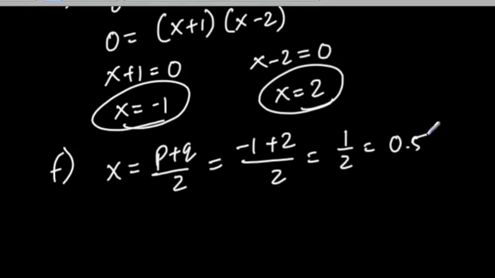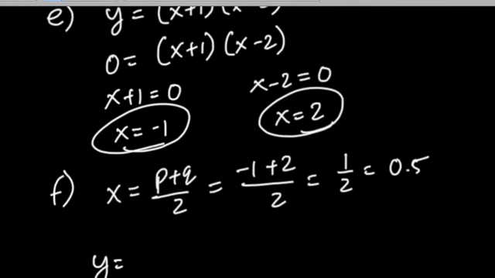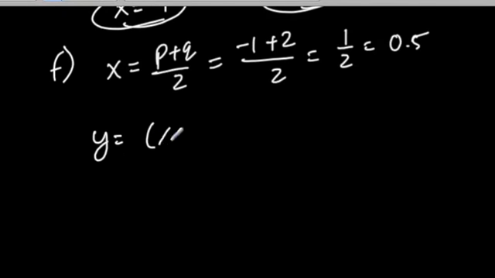Now, if we want to find the y-coordinate of the vertex, y is equal to, what was it again? Yes, it was x plus 1 and x minus 2. So all we have to do is take this x-coordinate and plug it in to get the y-coordinate.